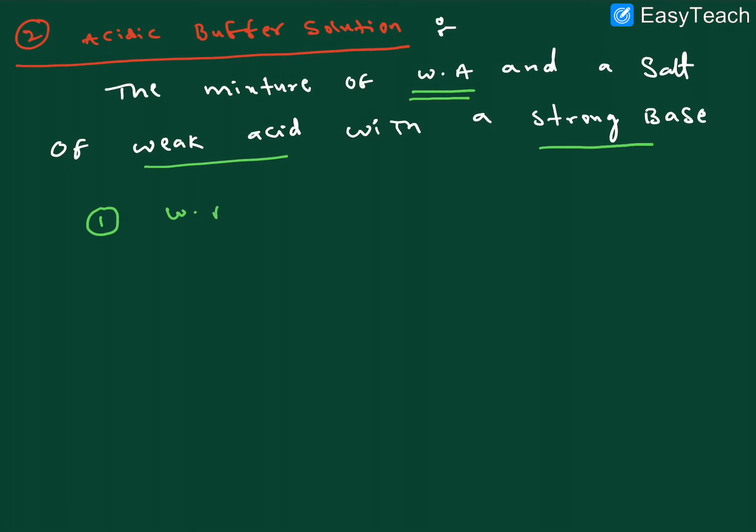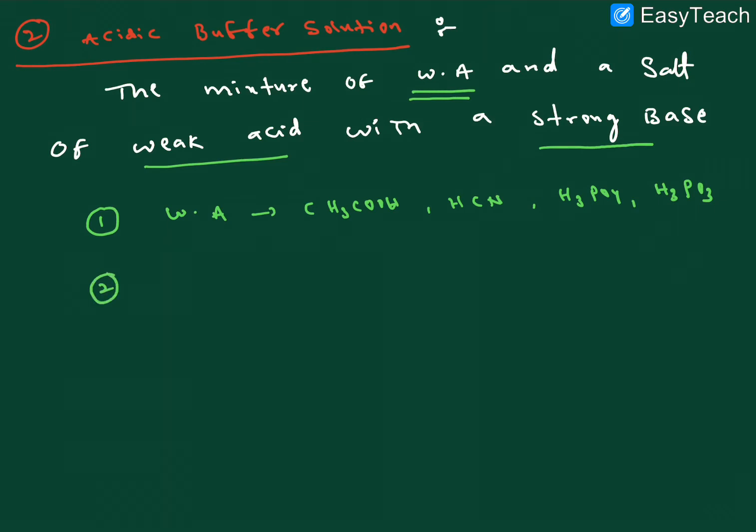Weak acid is nothing but acetic acid, right? HCN, right? Phosphoric acid, H3PO4, right? And phosphorus acid, H3PO3. So these are the weak acids.